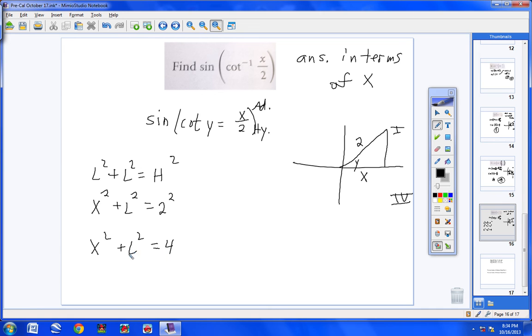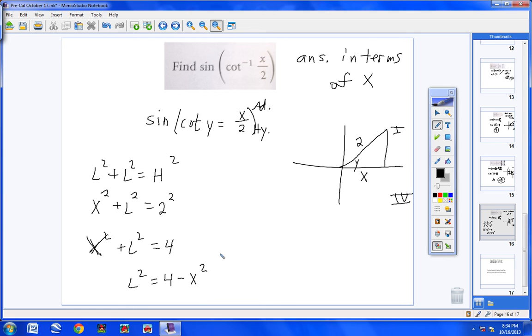Now, aren't you solving for L? We're trying to find this leg, right? So bring the x squared over, and when you bring the x squared over, it'll become a negative x squared. So we're left with L squared equals 4 minus x squared. Do you see that okay?